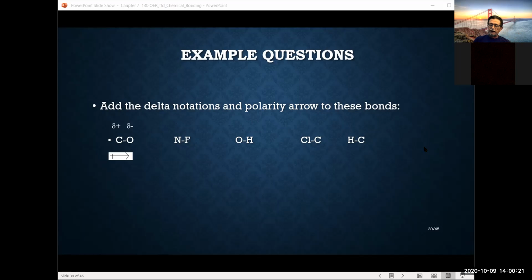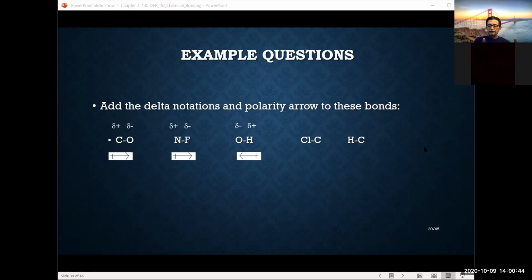Nitrogen fluoride, no doubt, fluoride is the most electronegative. Therefore, the electron density, or the arrow, is going toward the fluoride with a big partial negative on the fluoride itself. Oxygen and hydrogen, we just talked about that. In this case, we draw the arrow from right to left, okay?